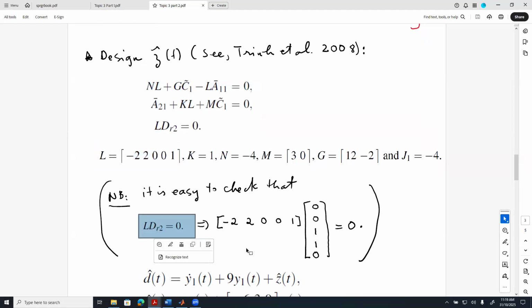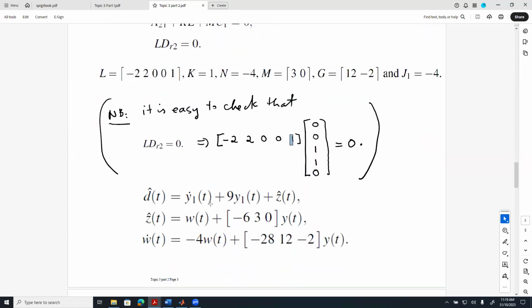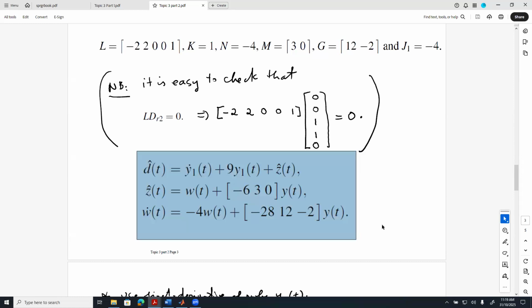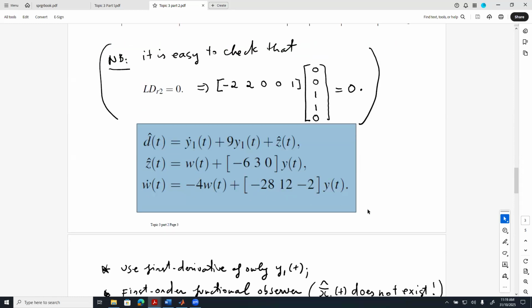We take the matrix L, which is a row, and multiply by DR2, which is that one, and it happens to be equal to 0, and that bit there is also equal to 0. So it's satisfied. And by the way, we obtain a very simple unknown input observer, which asymptotically estimates the unknown input.